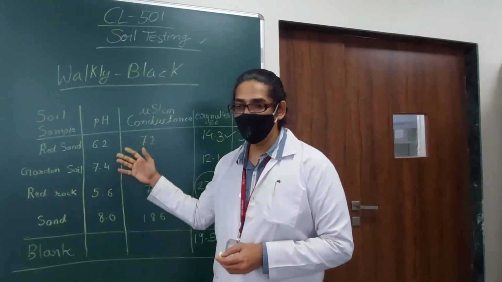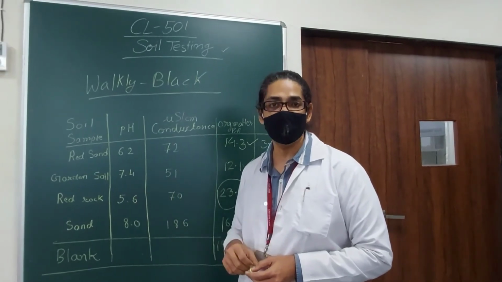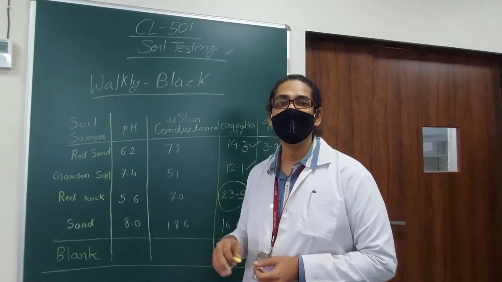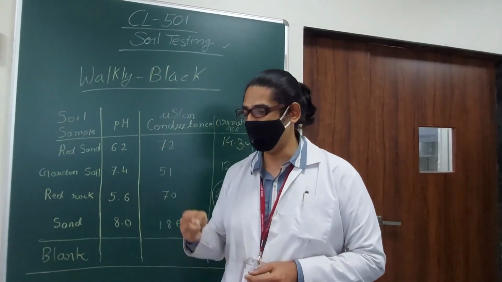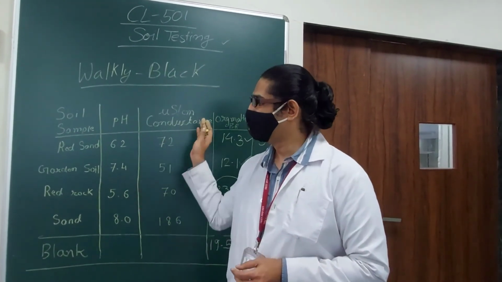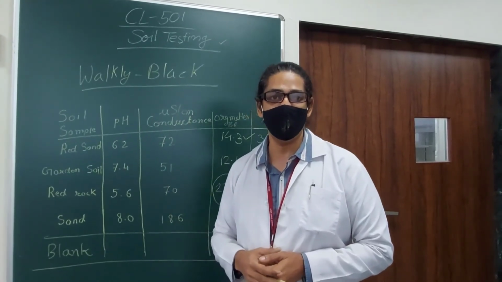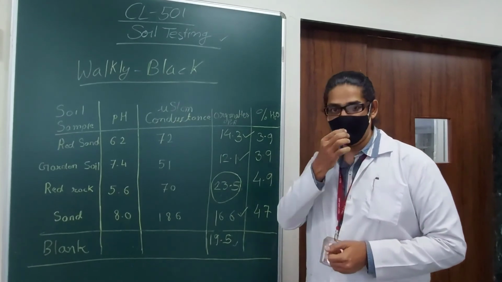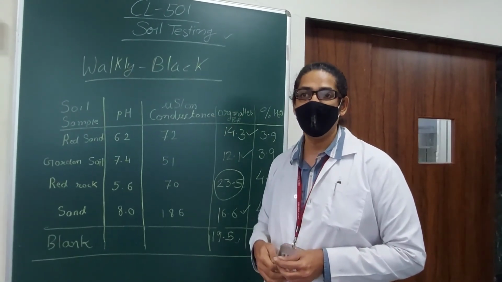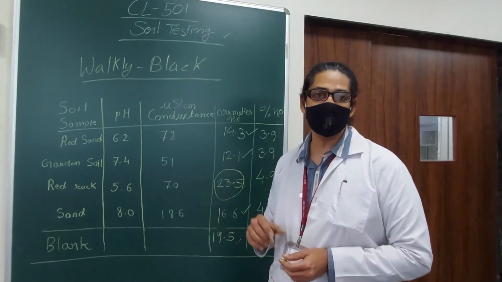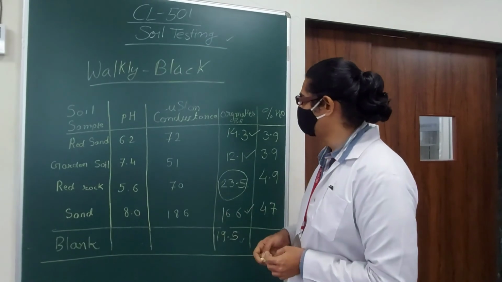We couldn't do the potassium estimate because it requires a flame photometer, which we don't have right now. Some of the chemicals required for estimating nitrogen and phosphorus also are not available with us today. Maybe in the next video, whenever those chemicals are available, we can make use of it. But potassium, in the absence of a flame photometer, we couldn't do it, although the processing is very simple.